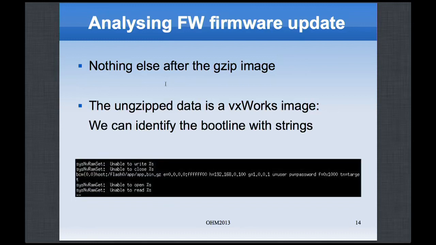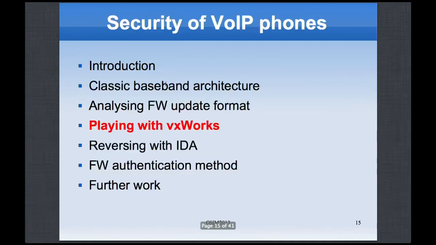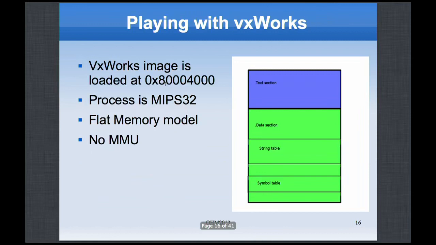So now we can guess that it's VxWorks, which we know is loaded at 0x10004000 in memory. It's MIPS big endian, as we already said, and it's a flat memory model with no MMU. This is for performance. This means that all tasks are running in the same memory space.